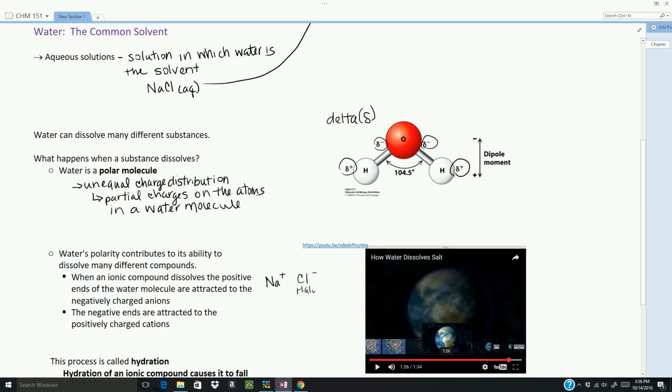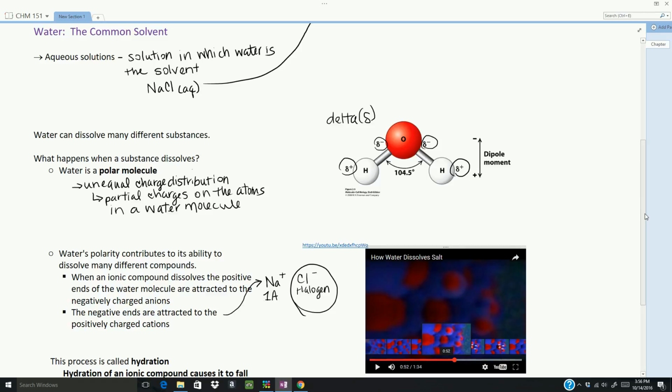So chlorine is a halogen, sodium is in group 1A, so sodium will always have a +1 charge and chlorine will always have a -1 charge. So the positive end of the water molecule is attracted to the negative chlorine. The negative ends of the water molecule are attracted to the positively charged cations. So in this example, the negative ends are attracted to the sodium ions.